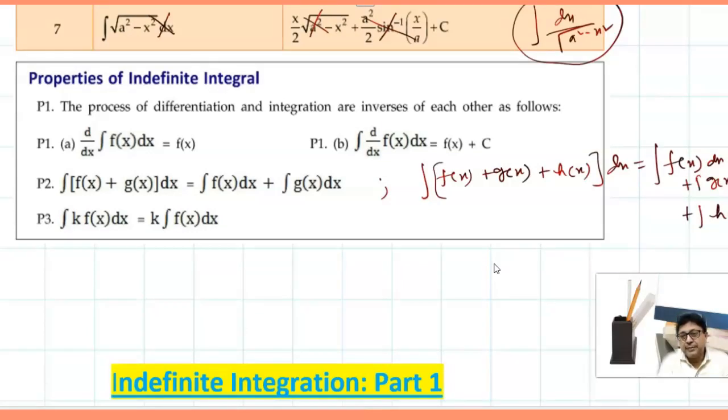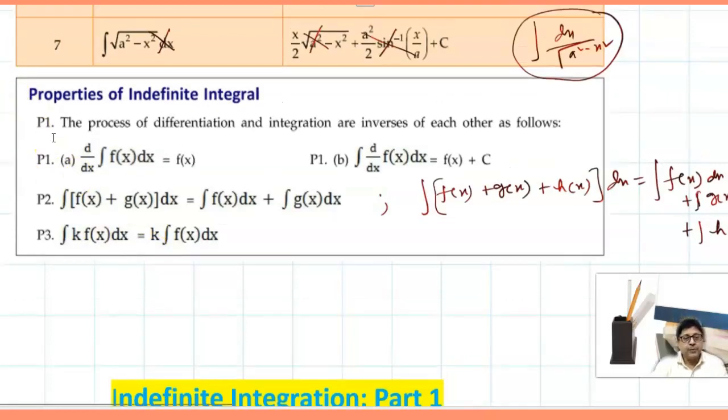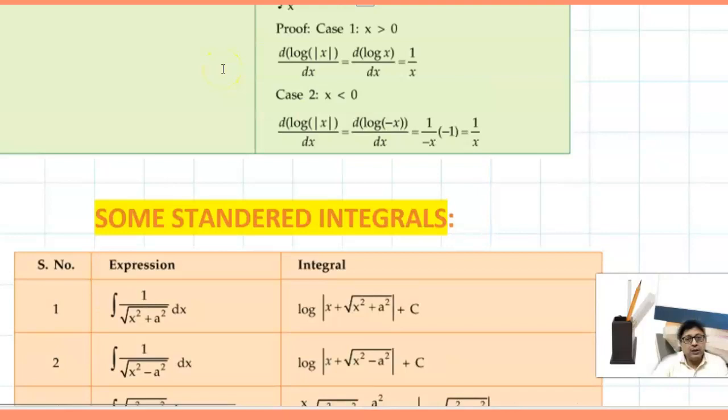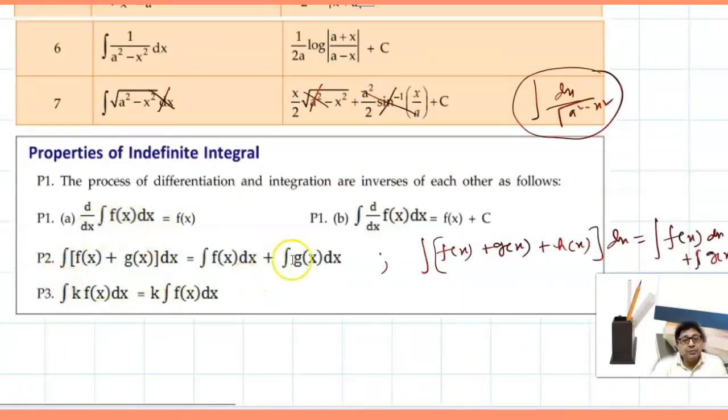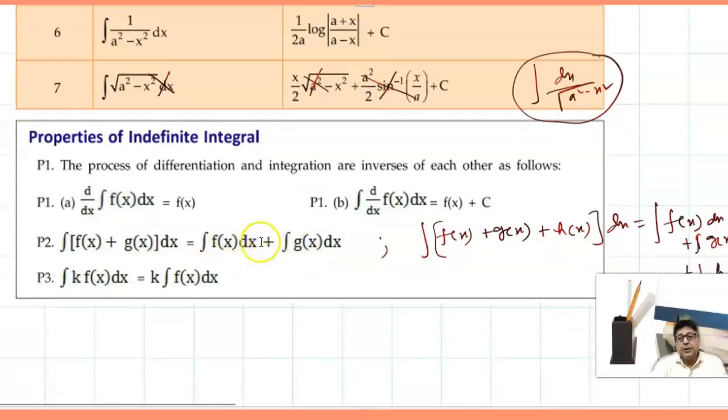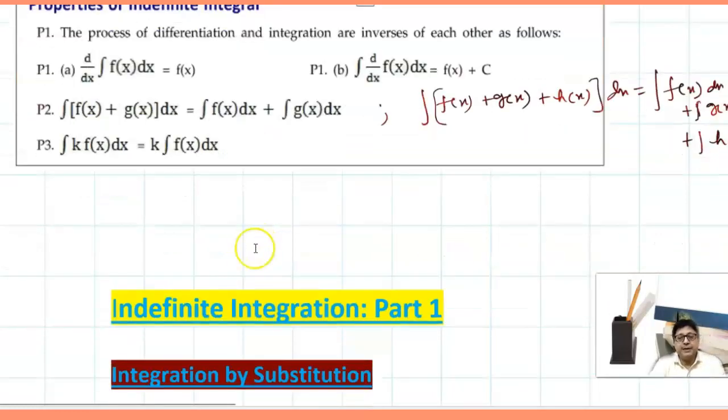This can be used for any number of functions, and if it is multiplied by a constant k, then k will come outside, it will be k into integration of f(x) dx. So those 5 formulas, these 6 standard integrals, and these 2 properties, 2 rules of integration will help you to do all the sums from indefinite integration which are going to be asked in your board examination.